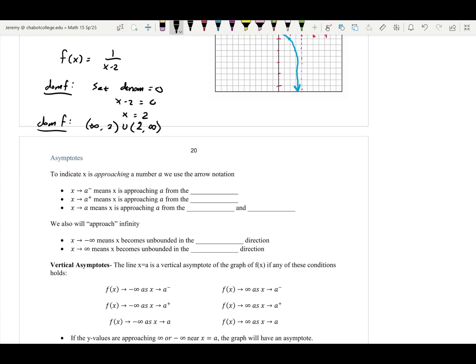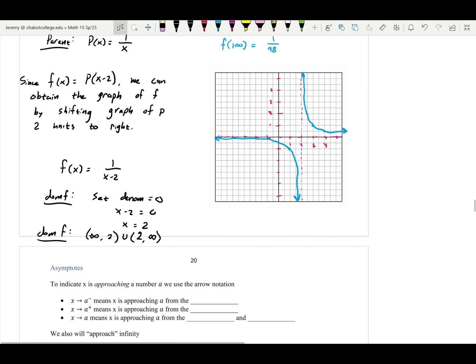So for vertical asymptotes, that's kind of what we're talking about first here. To indicate that x is approaching a number a, we use arrow notation. It's also important to indicate whether it's approaching from the left or from the right, right? Because like on this graph up here, as x approached 2 from the right-hand side, that's like this branch of the graph, we see the values were going up to positive infinity.